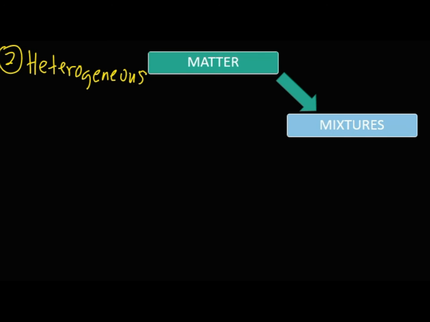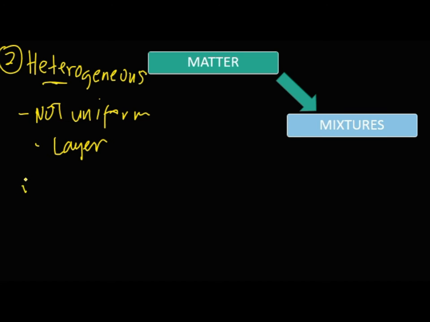Unlike a homogeneous mixture, which has a uniform phase or uniform appearance, heterogeneous mixtures do not have a uniform appearance. Write it down. Composition is not uniform, meaning you can see the different components of the materials, or there can be layers of materials.